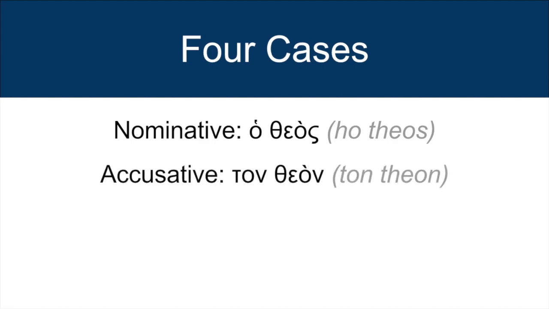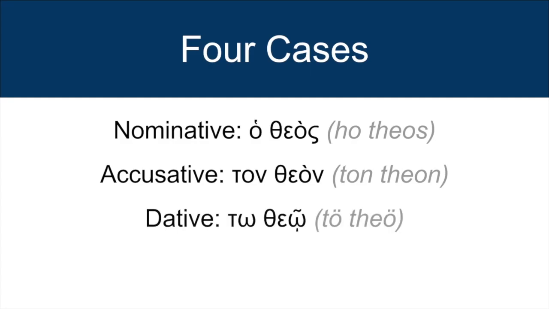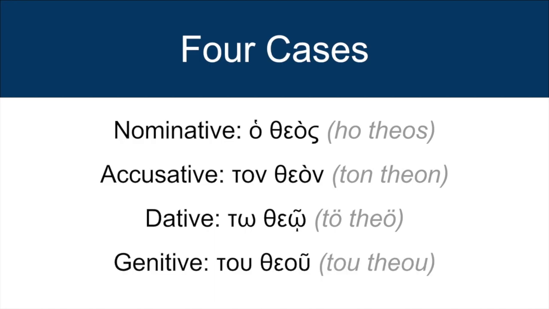Accusative, the direct object, if it's the thing being acted on, ton theon. So in this case, it'll be pros ton theon, with God. Dative, toi theoi, is the indirect object, and genitive is tou theou. That would be the possessive. So you can see how it changes. Ho theos, ton theon, toi theoi, tou theou. And the article seems to mirror the declension of the noun itself.